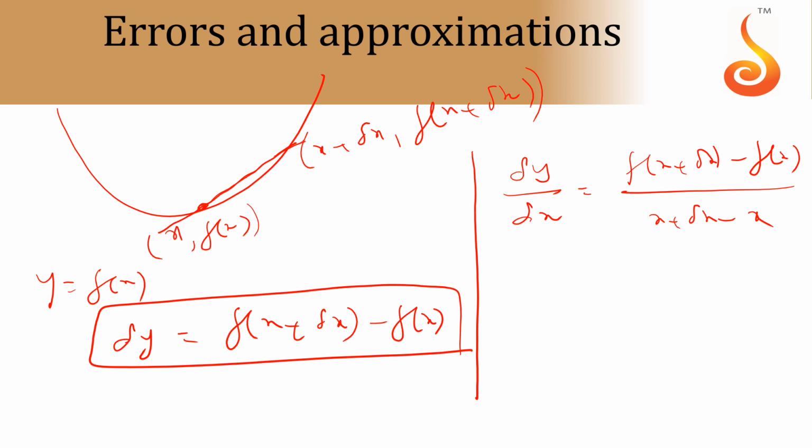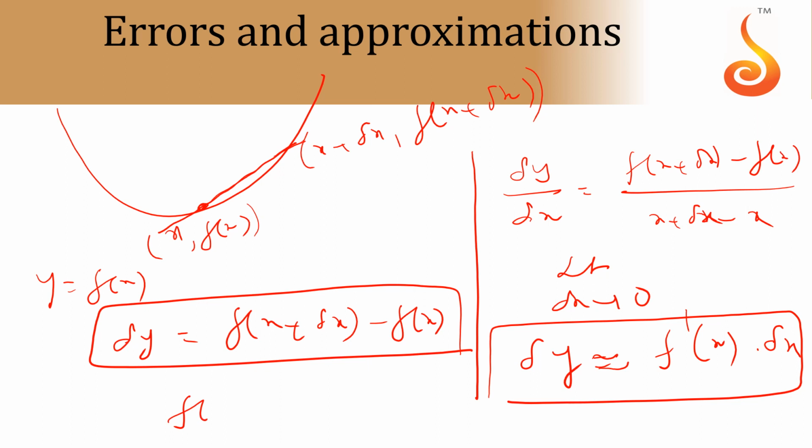Now listen carefully. Suppose if this dou x is very small, very small. So I want to apply limit dou x tends to 0. Then you know that right side becomes f dash x. Then this dou y is approximately equals to f dash x into dou x.